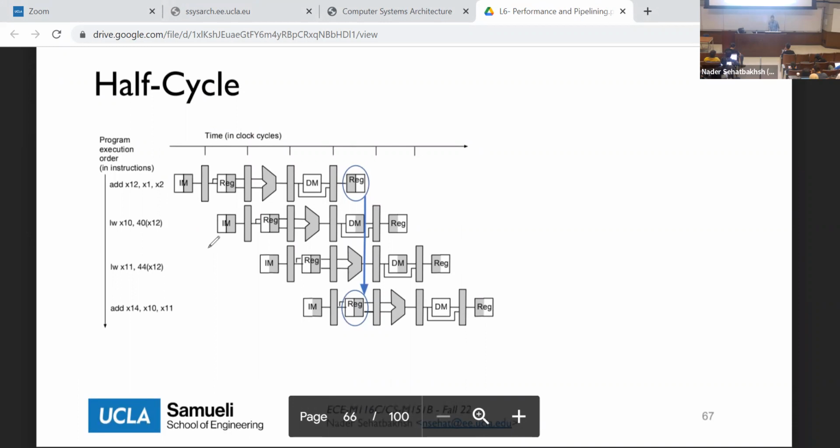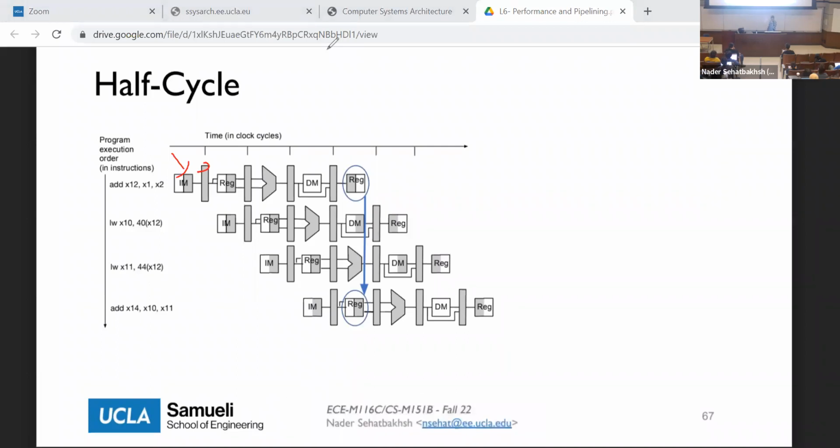Okay, so if you look at this shaded area here, you'll see that not all of them are white, some of them are white, and some of them are gray. The gray is actually the part that means that's the time that this specific unit is active.